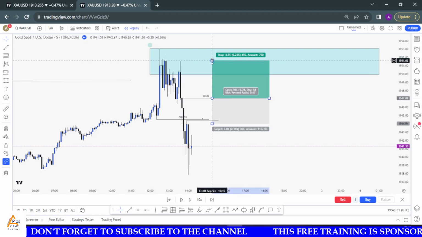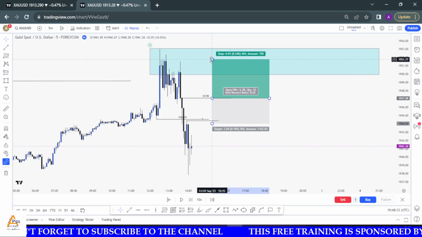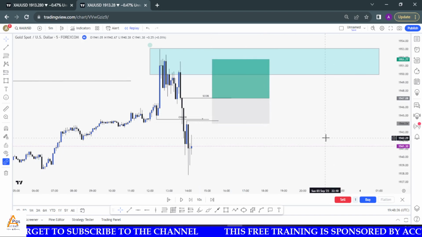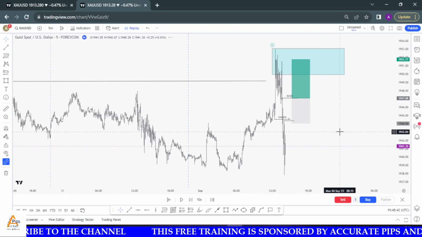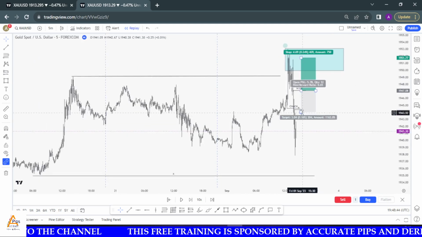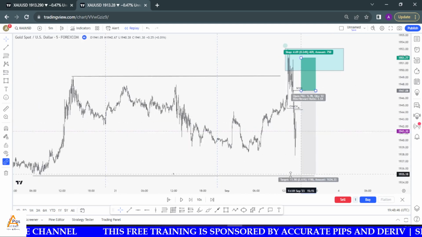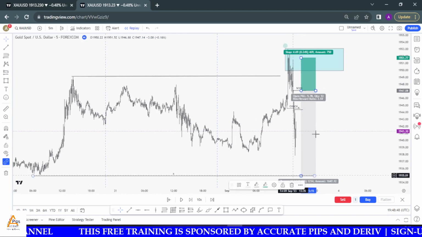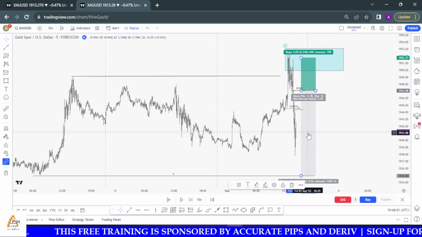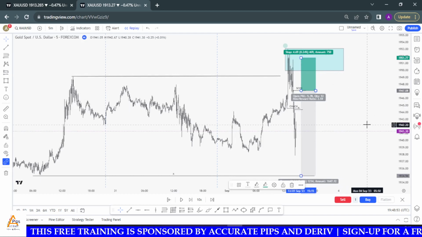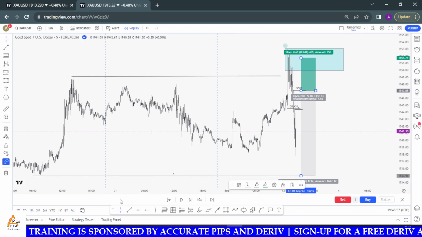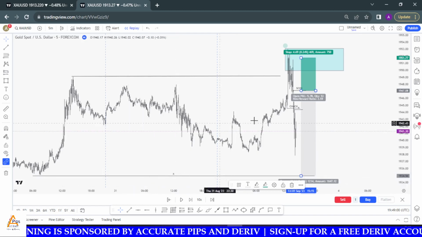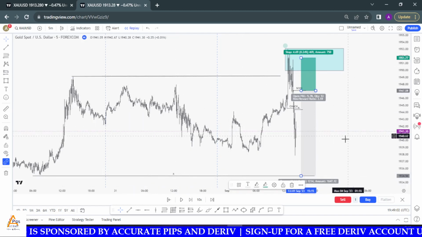Remember, this is a risk entry. My take profit will be where we have the H1 inducement level. This is just a quick scalp, so I'm not going to be looking to stay in the market for too long, because inducement has not been taken on the lower time frame, but I'm trying to scale in quickly.